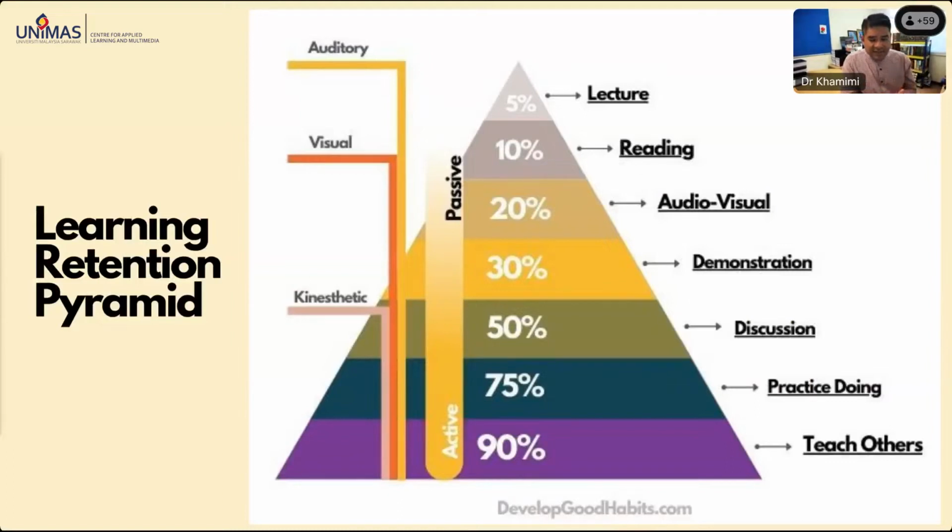Only auditory learners will have some interest in lecture and reading, whereas visual learners might prefer other approaches like audiovisual and demonstration, and people from maths and engineering might prefer discussion, practice, doing, and teaching others.